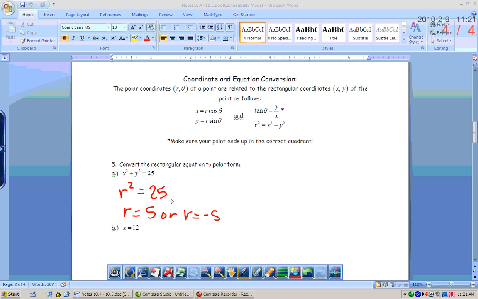If you think about a radius of 5, doesn't matter what your theta is, you're always going to have a radius of 5. If your radius is negative 5, it's going to be the exact same thing, because if your theta is, say, pi over 4, then the negative 5 is going to bump you to the opposite side first. So either way, it's the same. I would probably just say r equals 5.